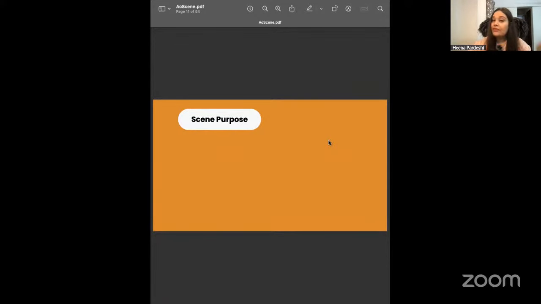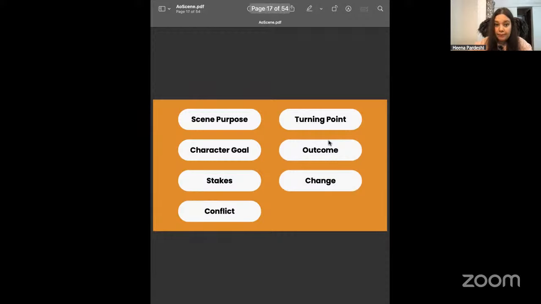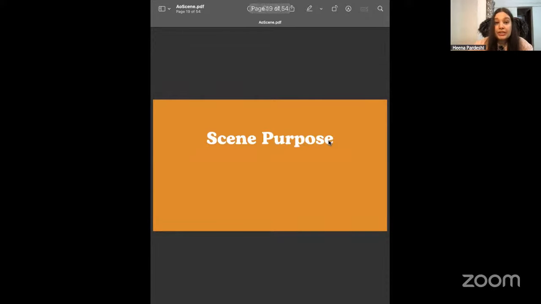First is scene purpose, which we are right now talking about. Then is character goal. Then we have stakes. Then we have conflict. Then we have turning point, outcome, change, and hook. And we are going to be talking about each and every single one in detail.